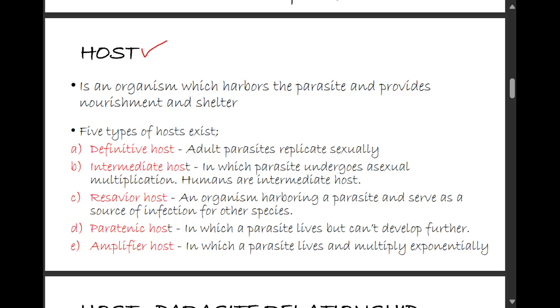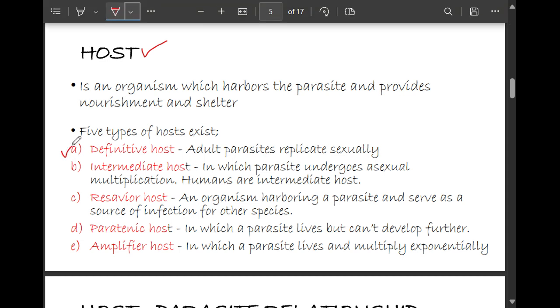For example, the Anopheles species. You need to understand that the definitive host can be human or non-human living things.